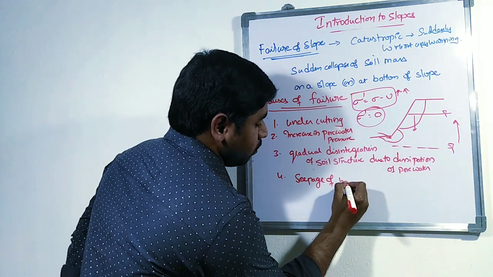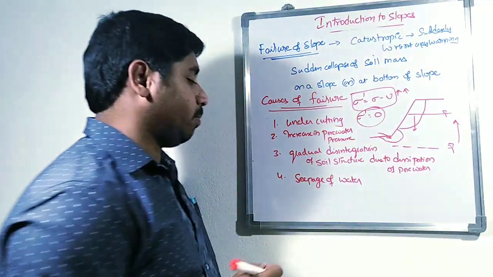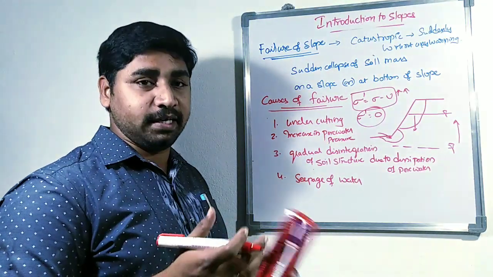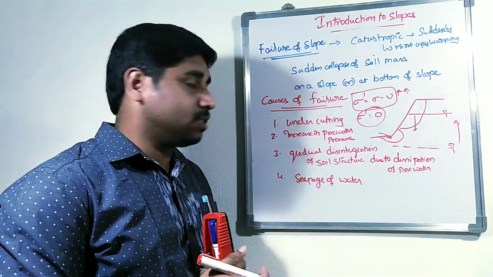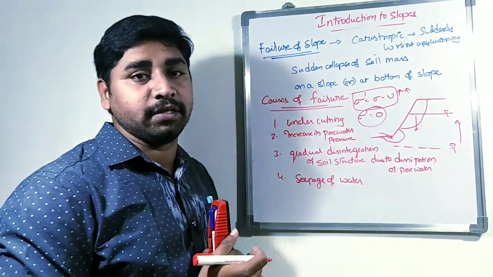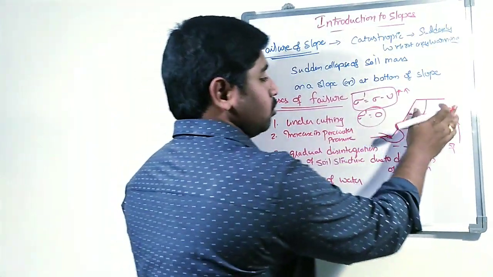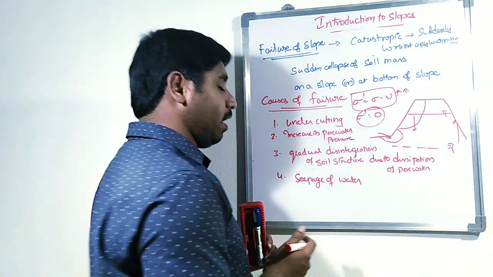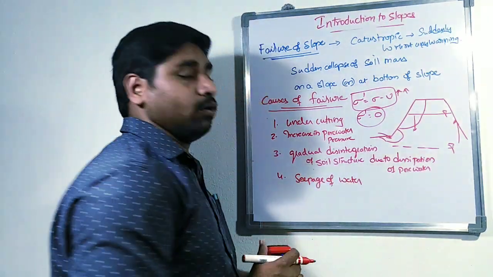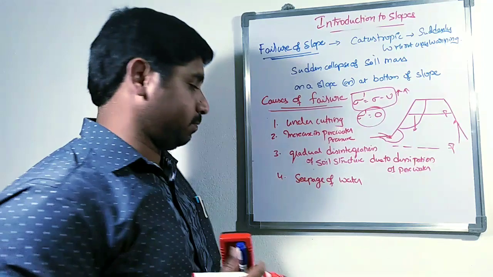of water. Because of permeability, if high permeability is provided, then seepage of water may take place through the body of the soil mass, and it may also lead to failure of the slopes.